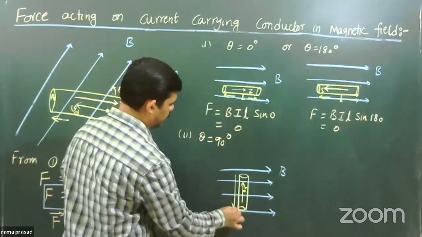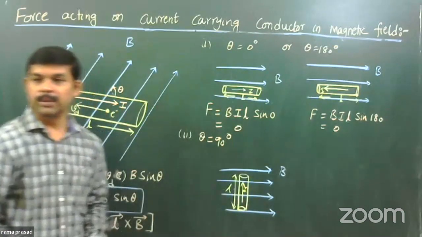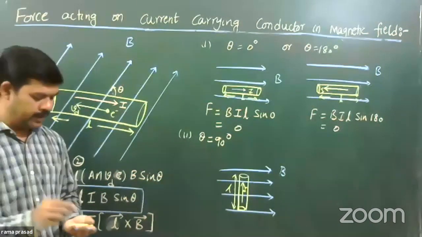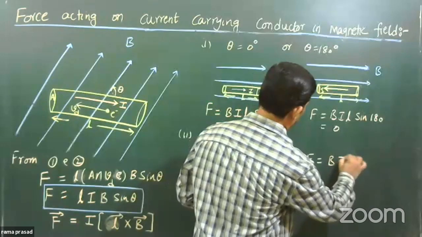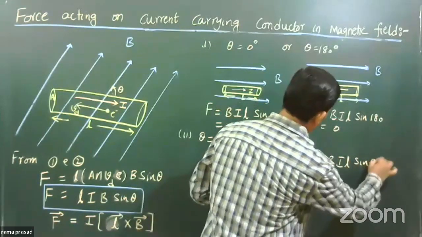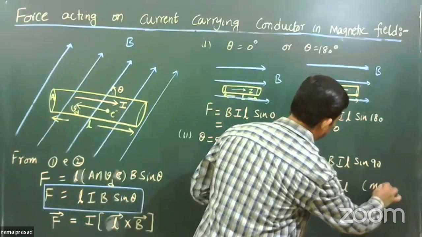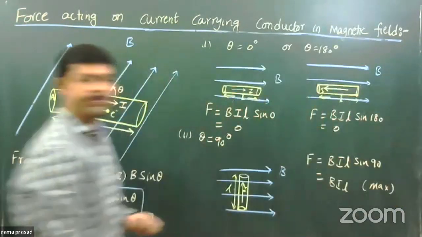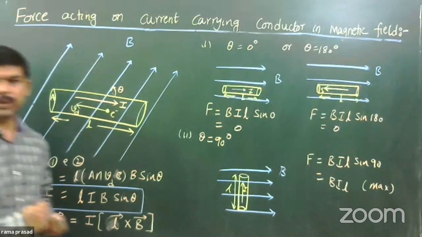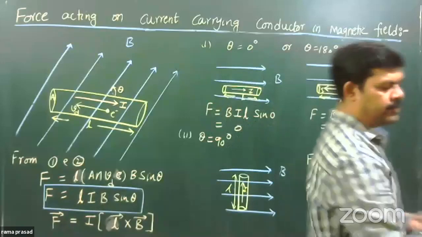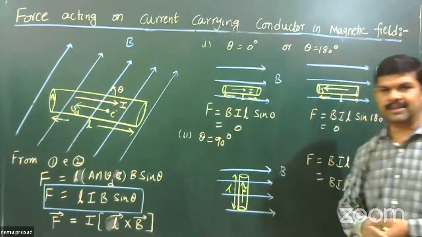Current is flowing either upward or downward, but perpendicular to the field. In this case, it experiences maximum force. Maximum. Okay, note down. If it is at a certain angle, this is the formula: BIL sin theta.